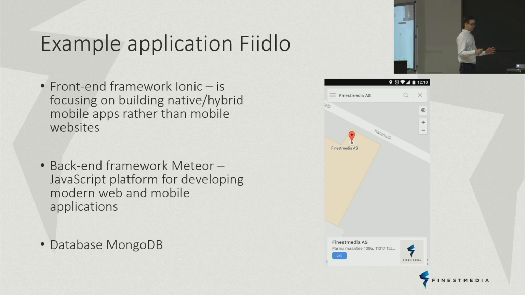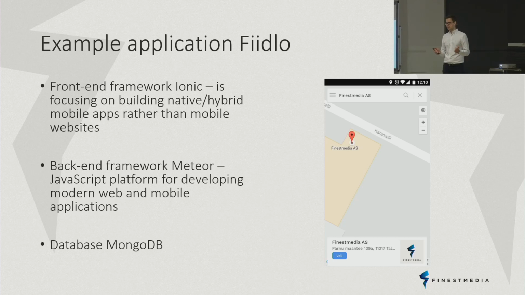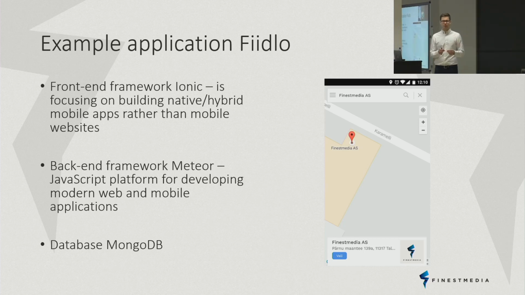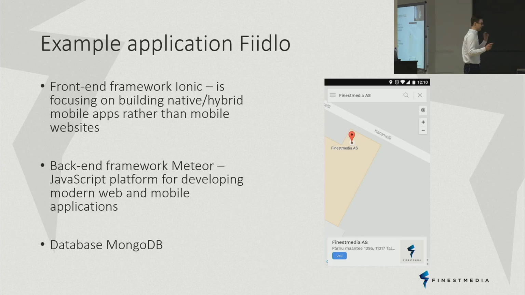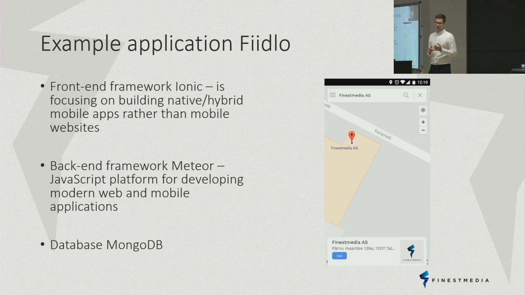One was the front end for the client, so the client had the website or apps to do something there, and then there was the back end or so-called back office, which was for administrators. So for the front end, we used Ionic, and Ionic is focusing on building native hybrid mobile apps rather than mobile websites. So basically, it means that we got responsive web, Android, and iOS app.